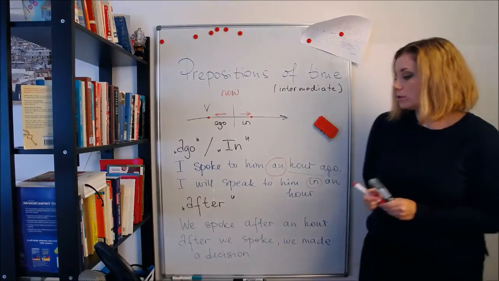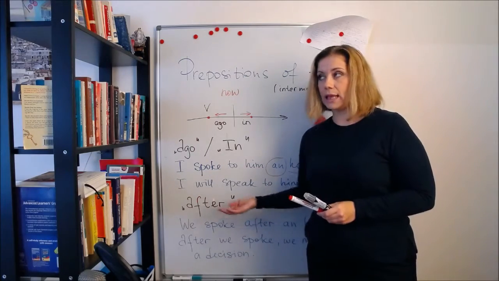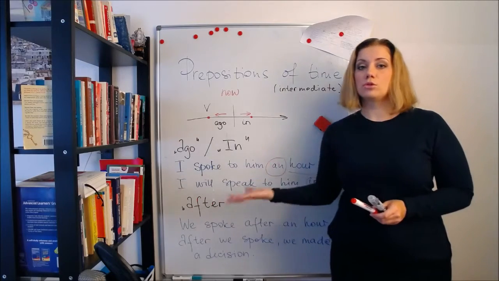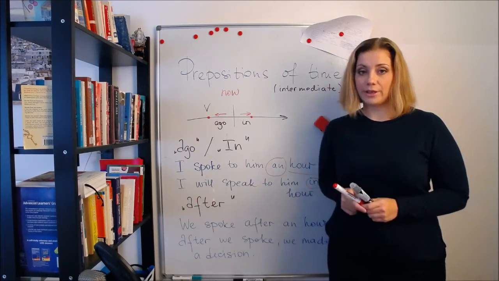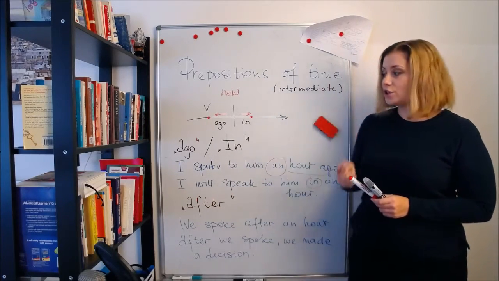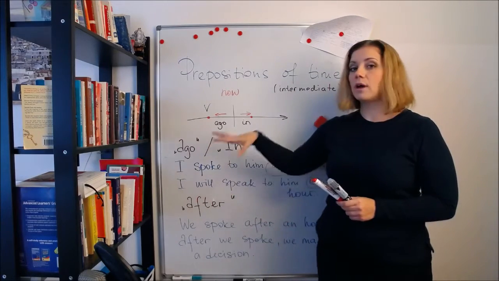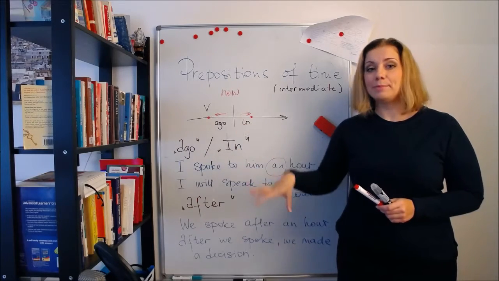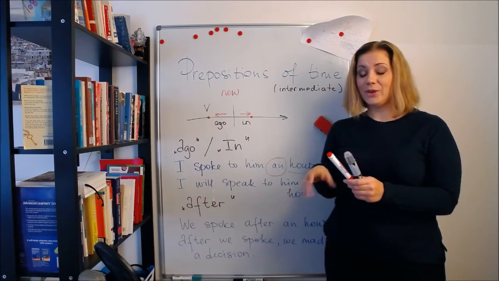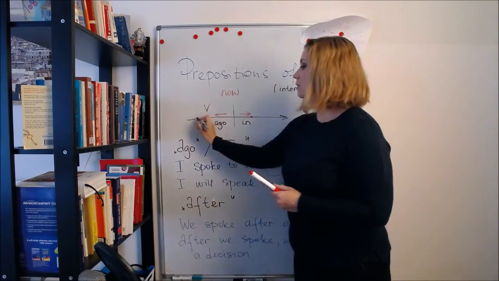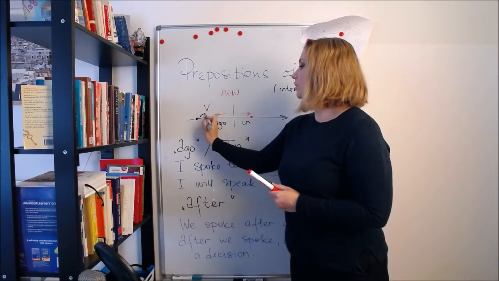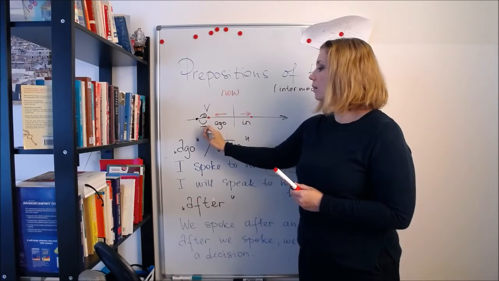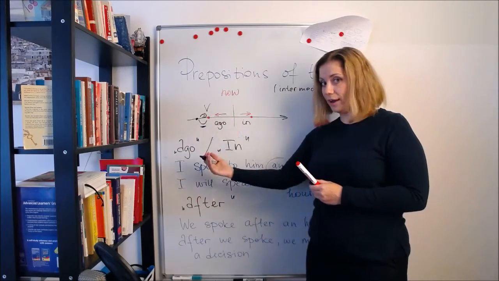We also use the preposition after, and in some accents, you can use after for the future too. So I will speak to him after an hour. But traditionally, we use after to talk about the past action happening after something. So for example, we had some action and we did the next one. So we want to show how long after the first action.